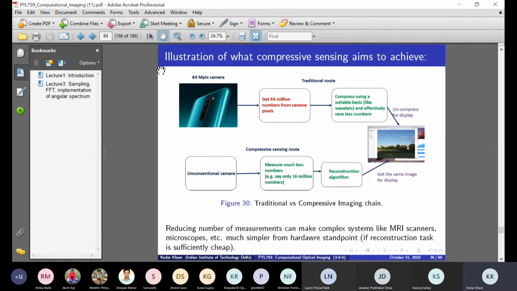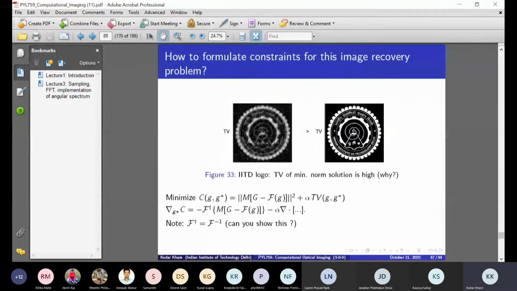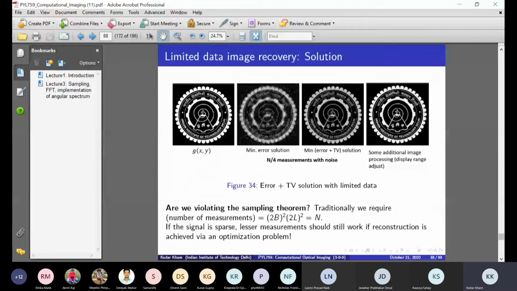So in the end, if I put this whole system in a black box, then for the user, it does not matter how this was obtained, as long as you get the same image back. Okay. This point clear?